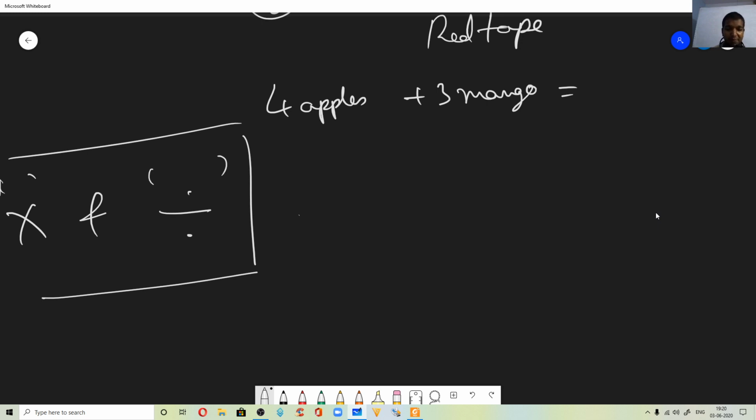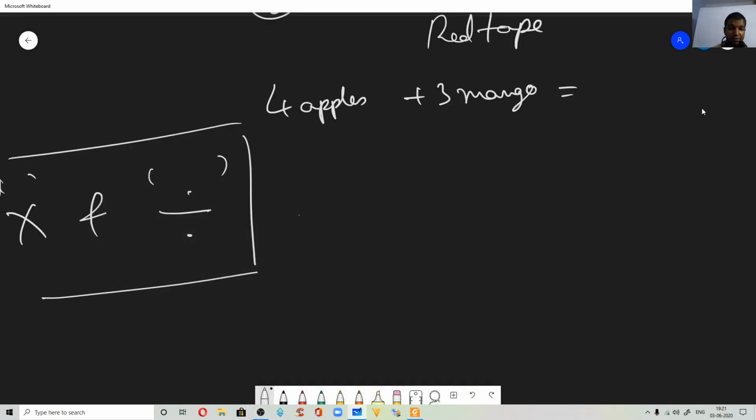Any example? Yes, a good example for division, we already know, is speed. Speed is equal to distance by time.